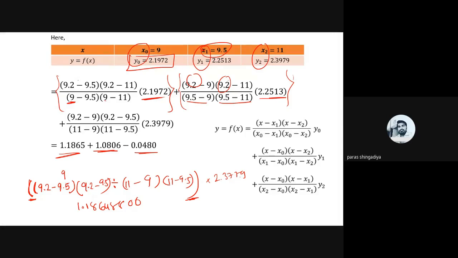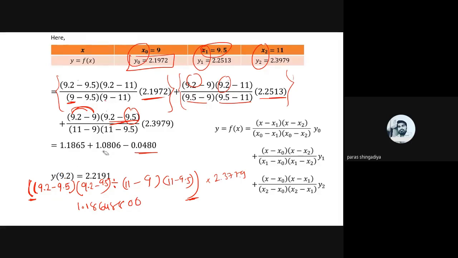Look here, 9.2 minus 9 is positive. Clear? And here 9.2 minus 9.5, so this 9.5 is a bigger value compared to 9.2. Clear? So here its product will be negative, so the final output will be negative, so negative 0.0480 is the answer for the third part. Okay, and then add all of these. Clear?